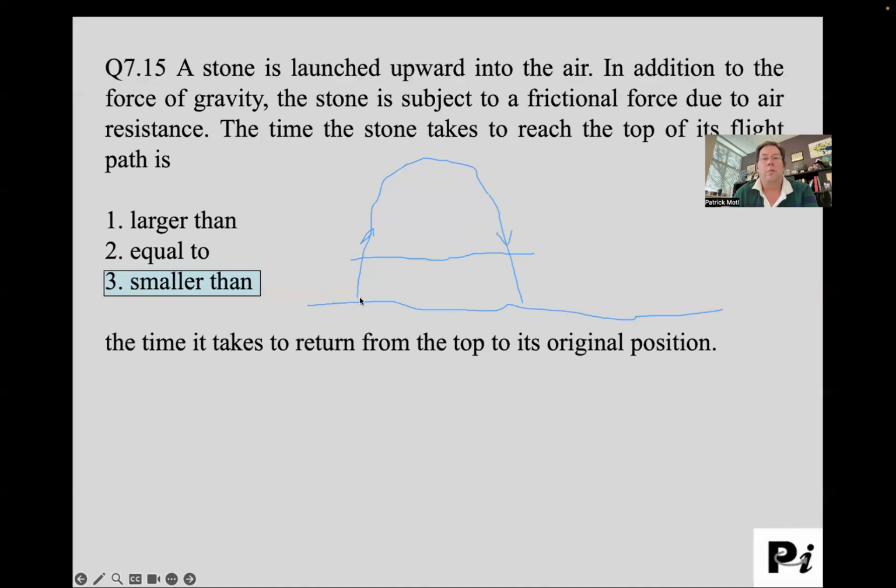So the stone is always moving faster on the left-hand side in each of these pairs of points on opposite sides of the parabola, all the way up to the tippy toppest. So it's always moving faster on the left.